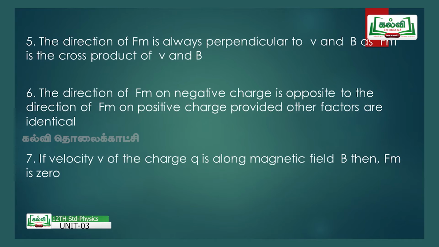The last point: if the velocity of the charge q is along the magnetic field, then Fm, the Lorentz force, is 0. These are the points, and you will be allotted marks for all these features.